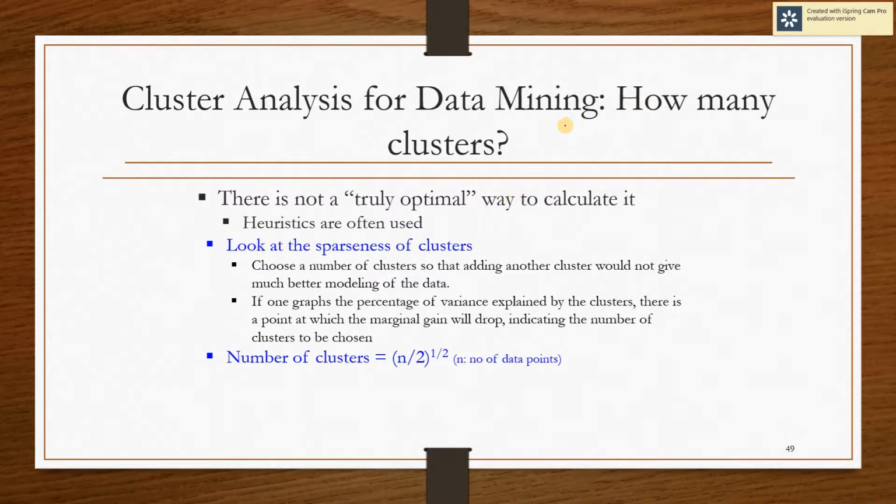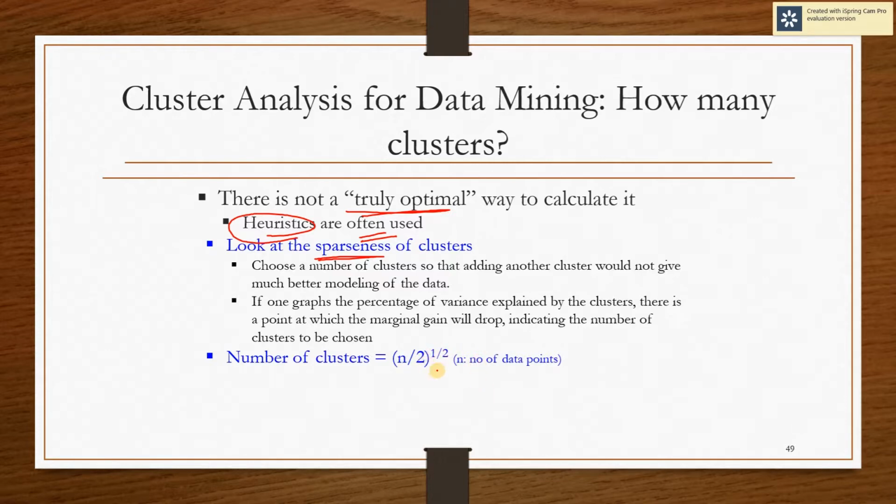How many clusters? Again, we are talking about how many clusters. But there is no truly optimal way to calculate it. Heuristics will often be used, based on past experience, and we will be looking at the sparseness of the clusters. We have to choose the number of clusters so that adding another cluster would not give a much better modeling of the data.